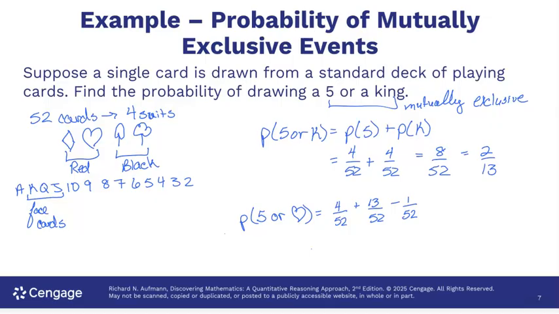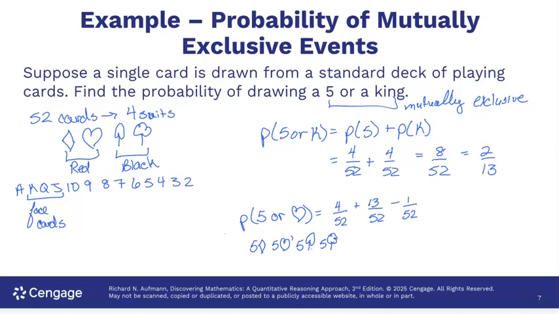Because the way that I could get a 5 is I could have a 5 of diamonds, a 5 of hearts, a 5 of spades, or a 5 of clubs. So those are the ways I could get a 5. And then out of my hearts, I would have all 13 of these.